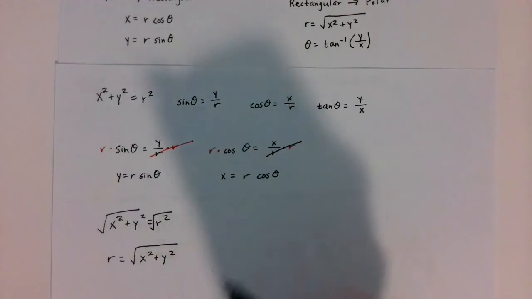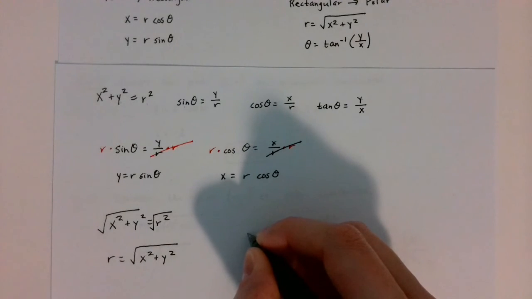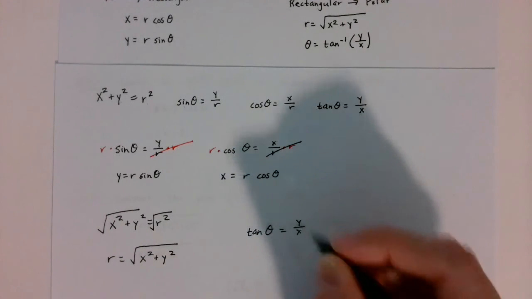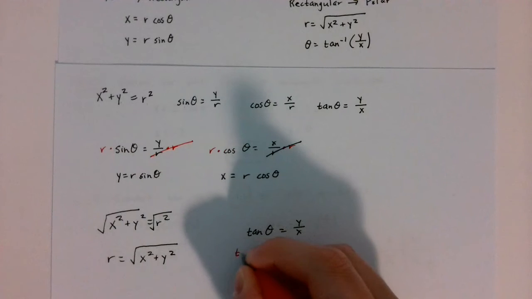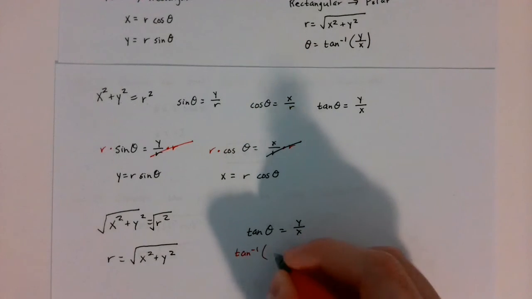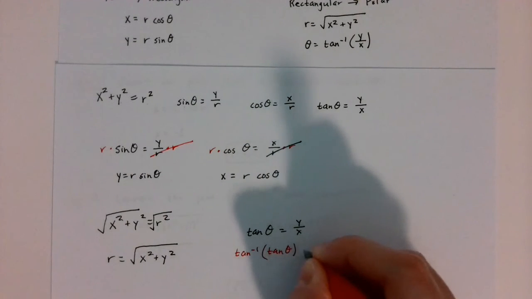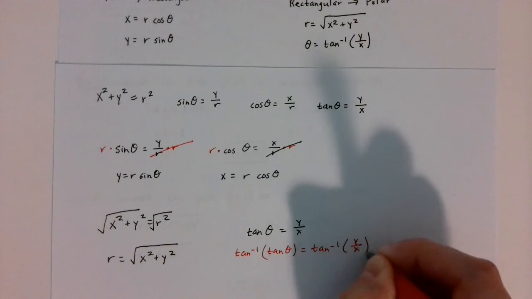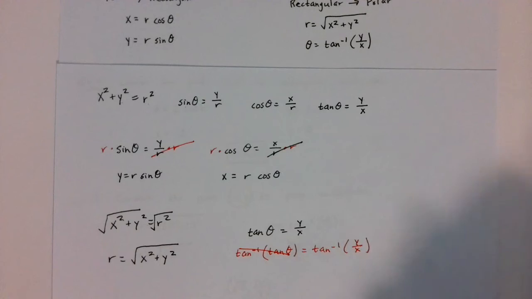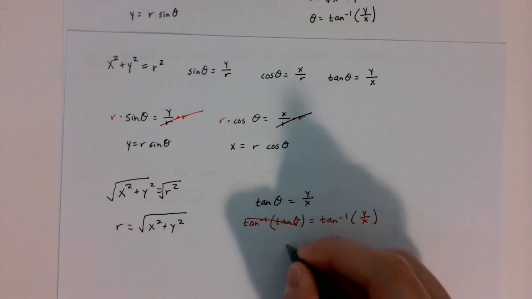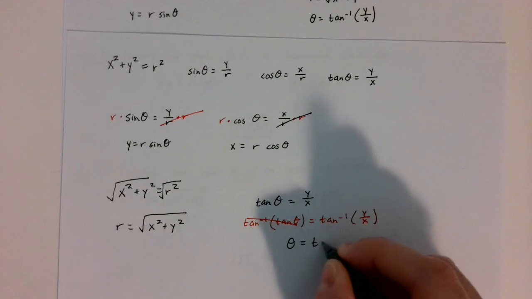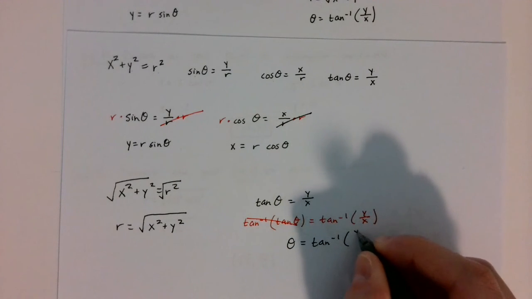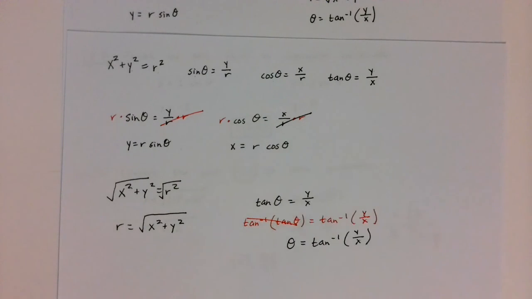So if we do a little bit of inverse functions, if I take tangent inverse of the left side and also tangent inverse of the right side, these tangents cancel out, and what I'm left with is just theta. So theta is going to be the value of tangent inverse of y over x.